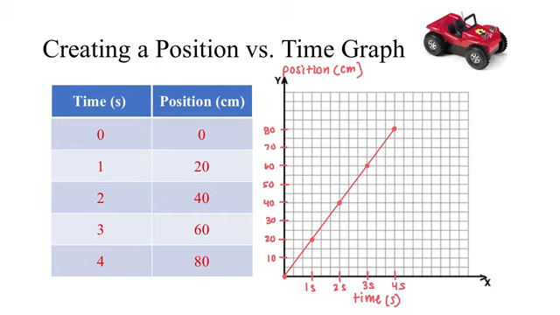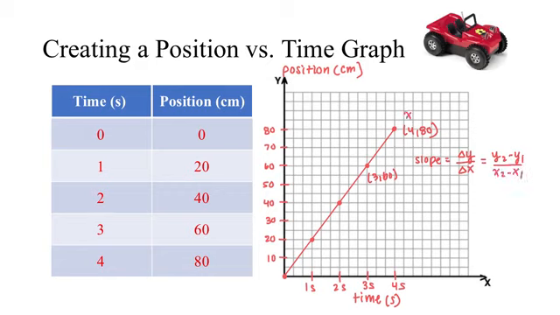So if I were to calculate the slope between any 2 points, I'll just go ahead and choose these 2 points. This is (3, 60) and (4, 80). If I want to find the slope of this line, remember the slope is going to be our change in y over the change in x. That'll be my y2 minus y1 over x2 minus x1.